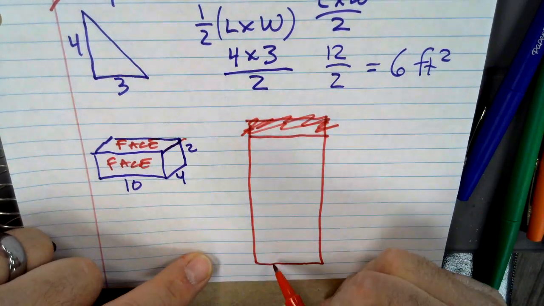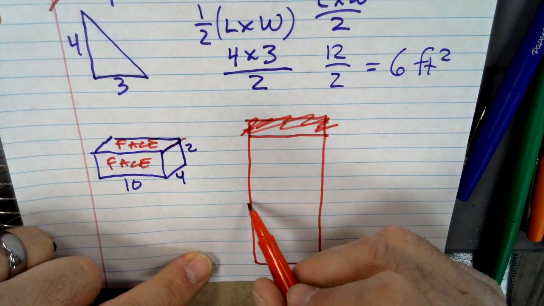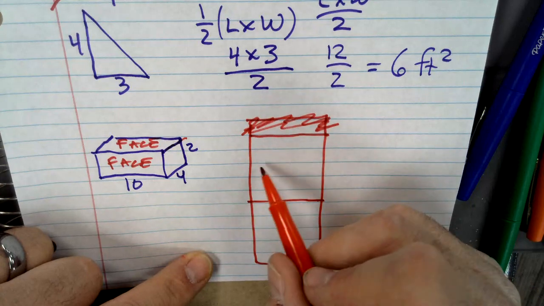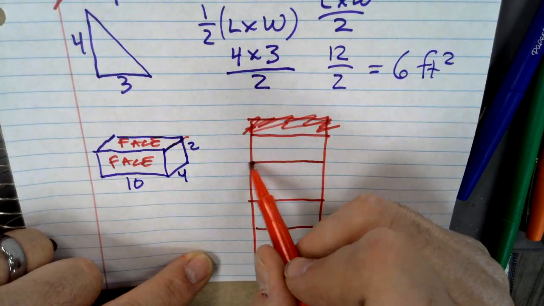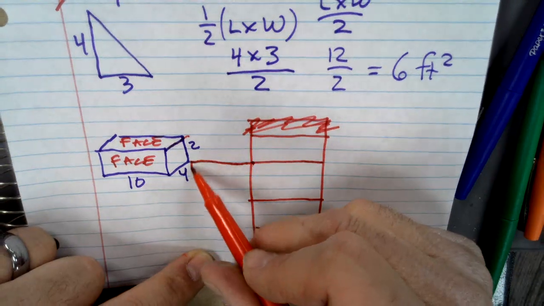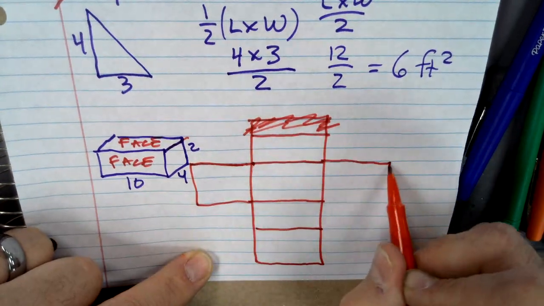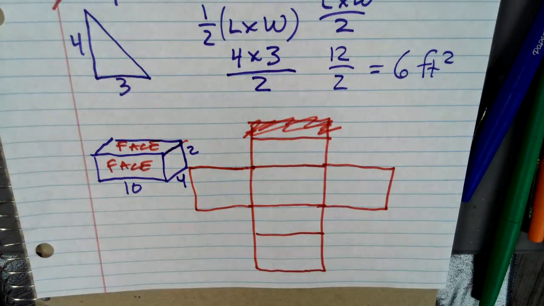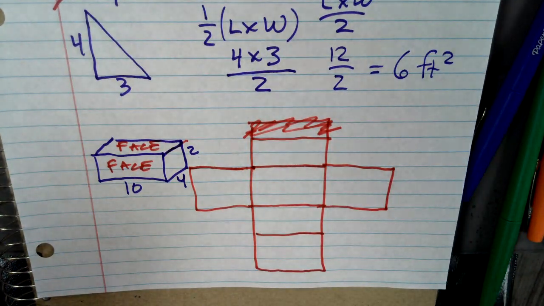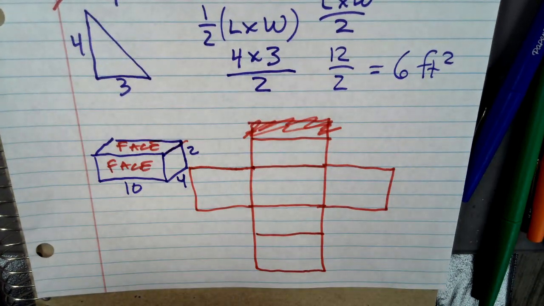Okay. 1, 2, 3, 4, 5. If they ask for surface area, they're asking you what's the area of all the sides combined.